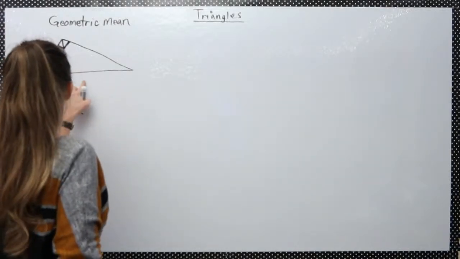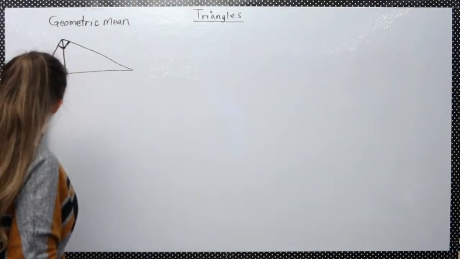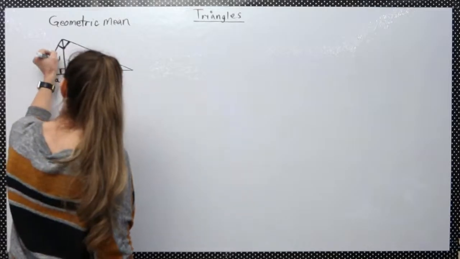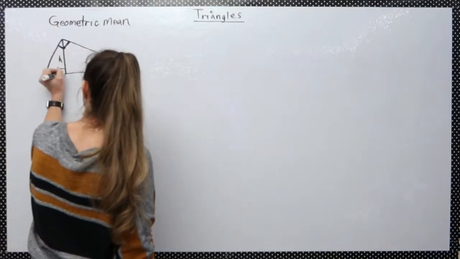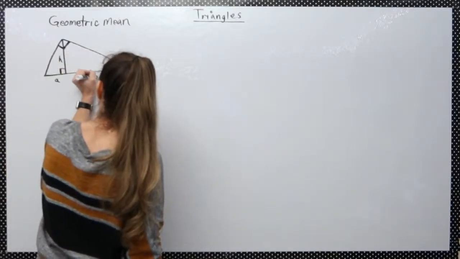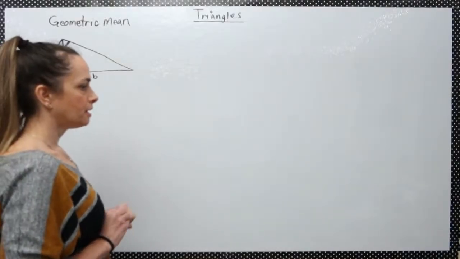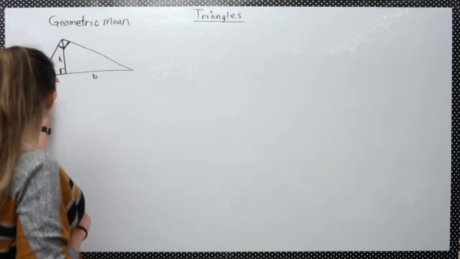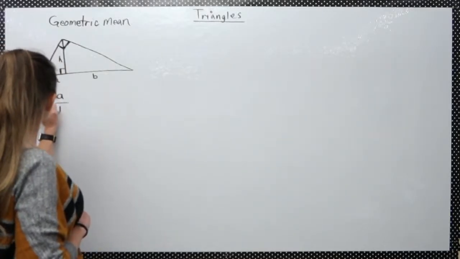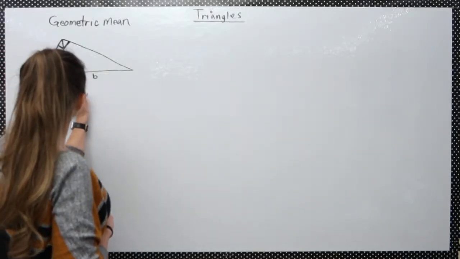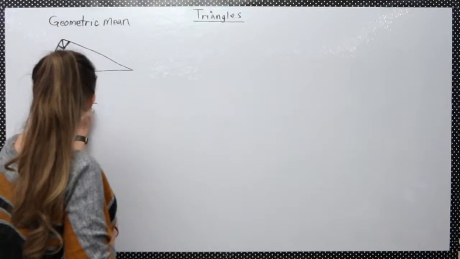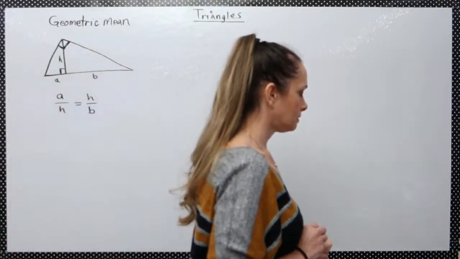So if you have a height of h, and this distance a, and then b, according to the geometric mean, a over h is equal to h over b. Just like that.